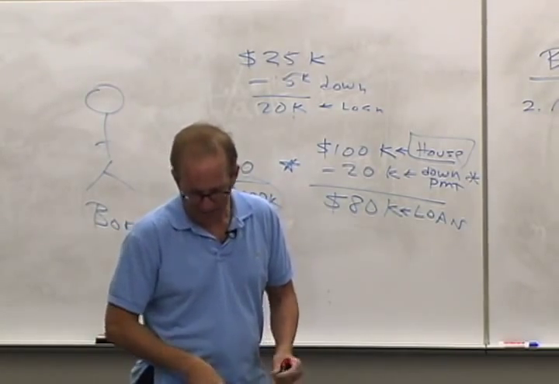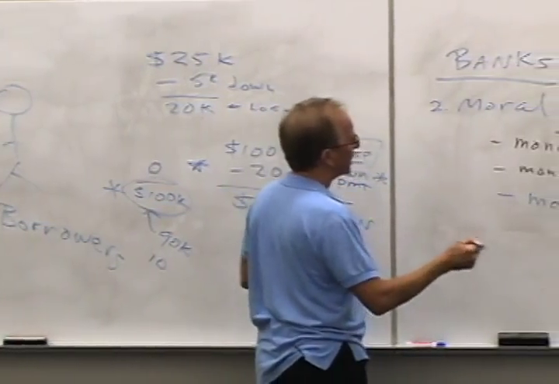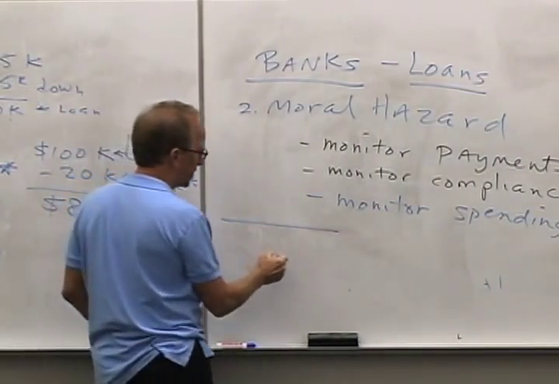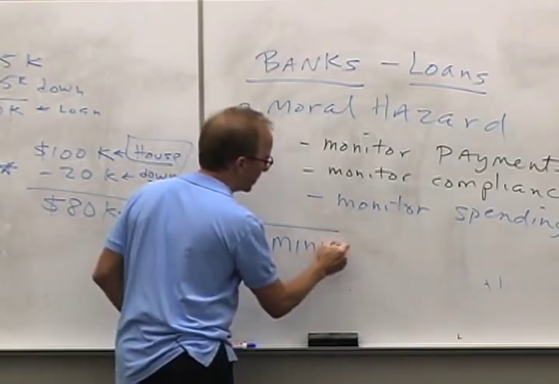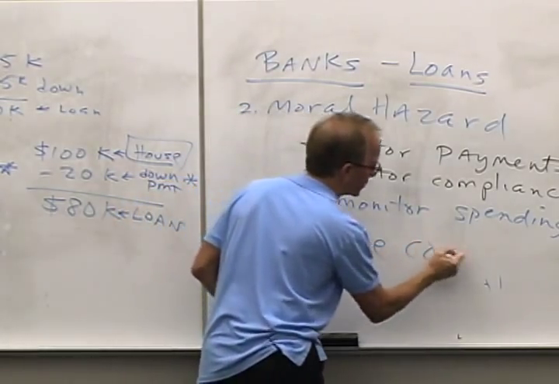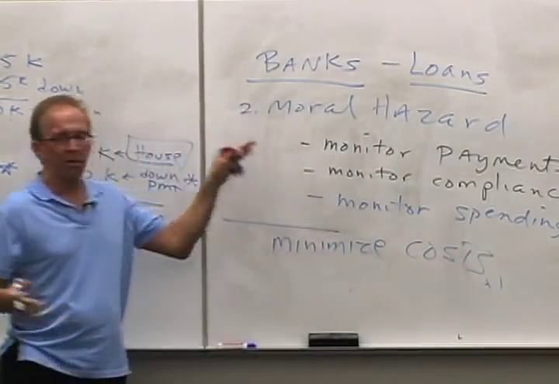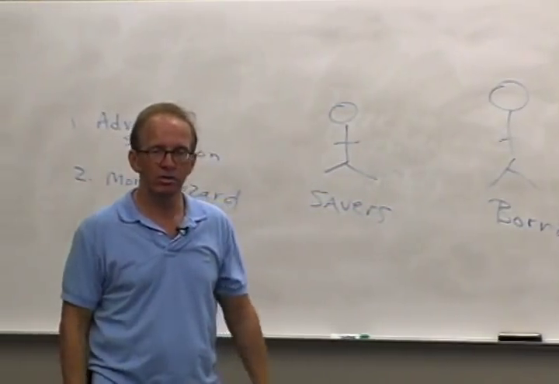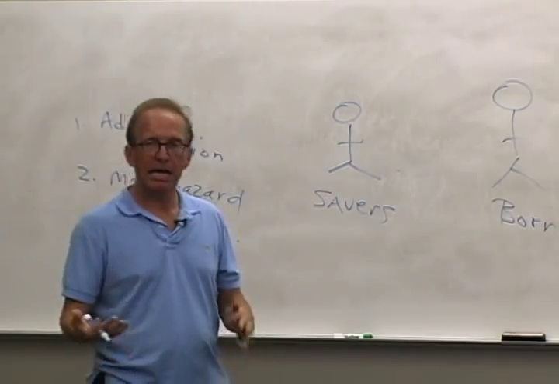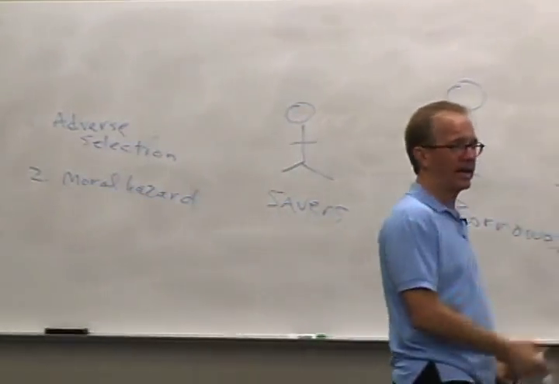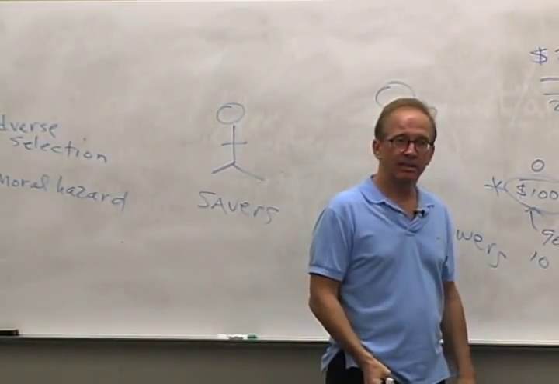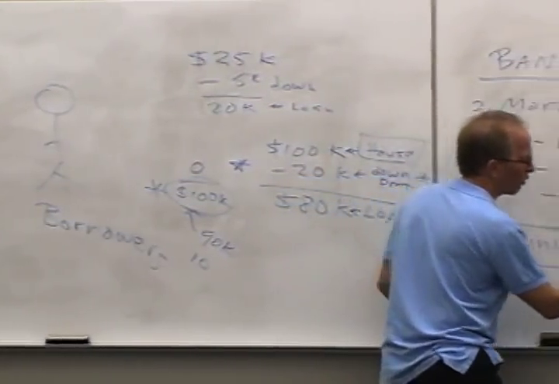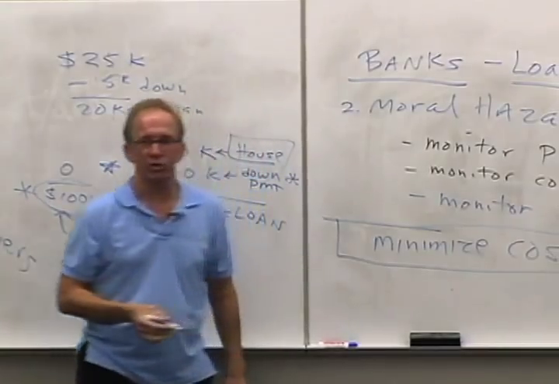One thing that bankers do, and it's not really moral hazard so much, is to minimize costs. What we've been talking about up to now is, how can I avoid making bad loans in the first place, adverse selection? How can I avoid loans going bad, moral hazard? Well, we still recognize that a certain percent of loans are going to go bad.